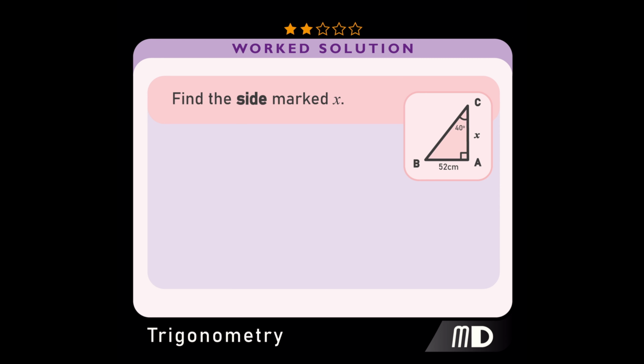So let's begin by labeling the sides of our triangle. The side directly opposite the angle we've been given is called the opposite. The longest side opposite the right angle is called the hypotenuse, and the remaining side is labelled the adjacent side.